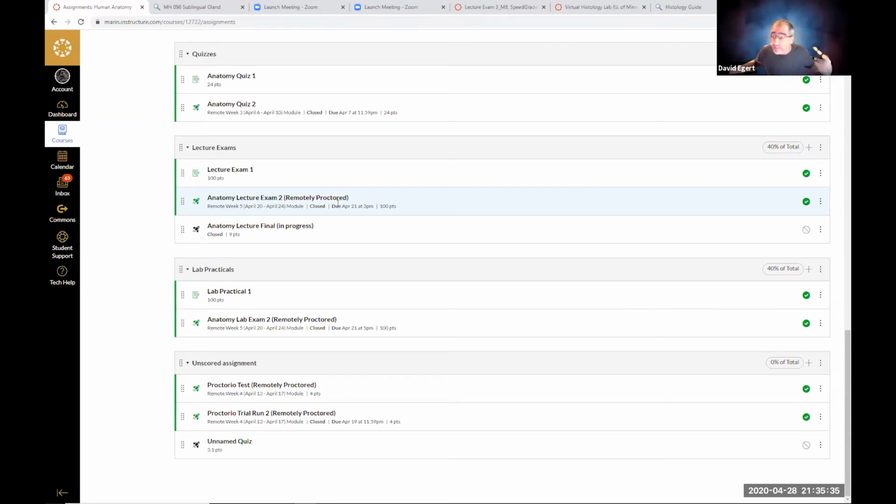It'll focus, I like to say, about 2/3 on the new stuff. But there will also be going back to what tissue is this, what bone is this, what articulates here, what muscle is this, or cardiovascular, or the nervous system, all of that. So it's a comprehensive final.